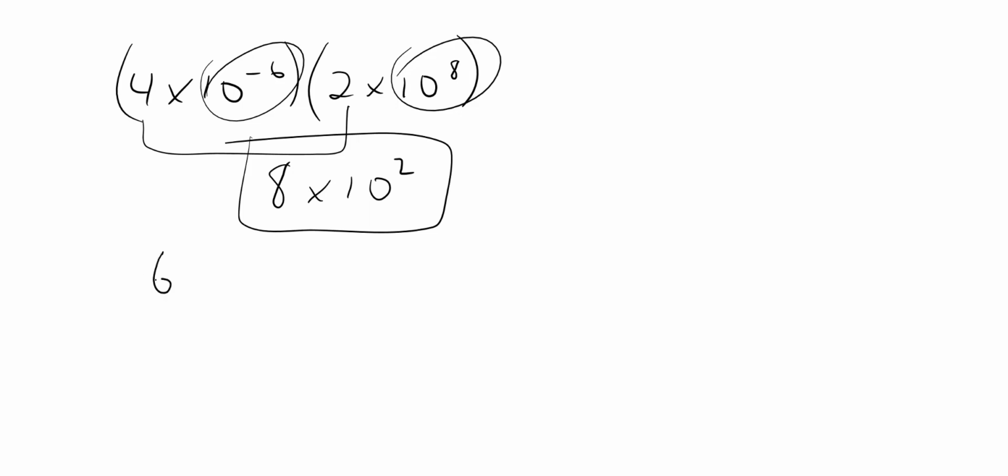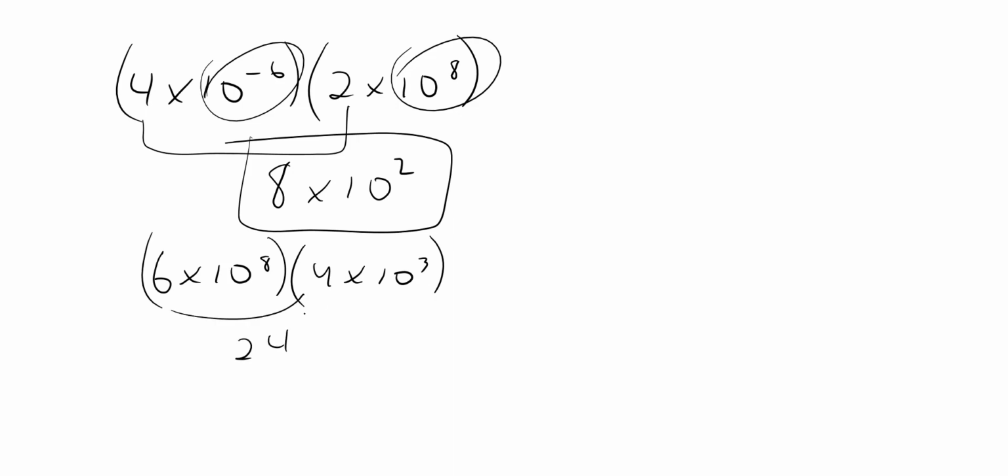So this next one's a little trickier. Okay, it's 6 times 10 to the 8th times 4 times 10 to the 3rd power. So we're going to do 6 times 4 is 24. And 10 to the 8th times 10 to the 3rd is 10 to the 11th. So now you look at this and you say, well, 24 times 10 to the 11th. Well, what's wrong with that? Well, of course, it's not truly in scientific notation, because scientific notation is actually 2.4.